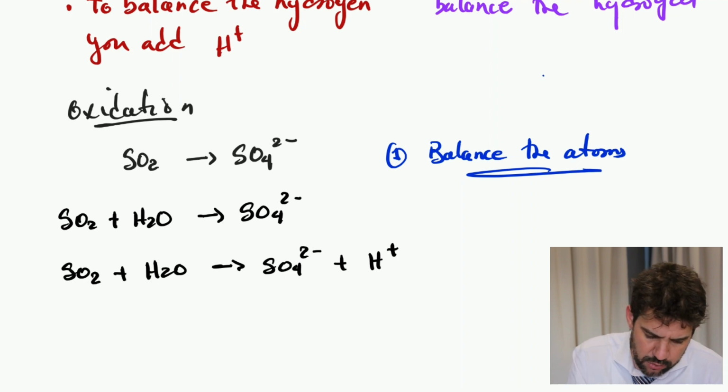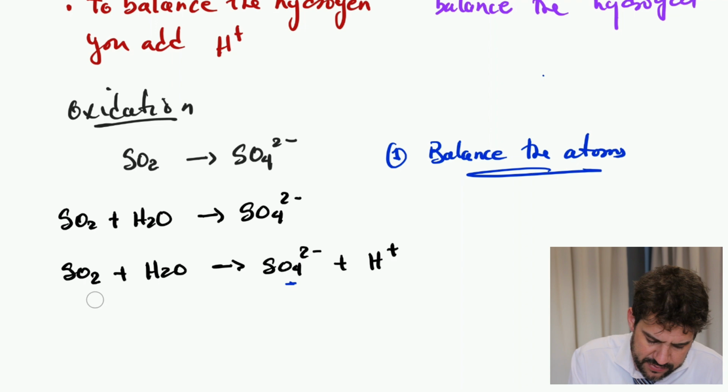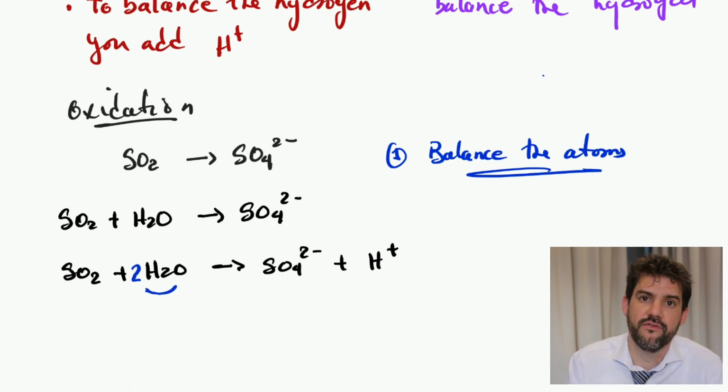Sulfur, we have 1. Oxygen, I have 2 oxygen and 1, that is 3 oxygen. I have 4 on the right-hand side. So how can I fix that one? If I add a 2 at the front of water, I have now 2 oxygen and 2 oxygen, there is 4 oxygen. So the oxygen is balanced. I have 4 hydrogen on the left-hand side.